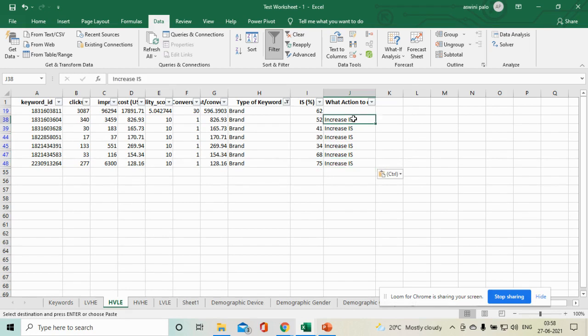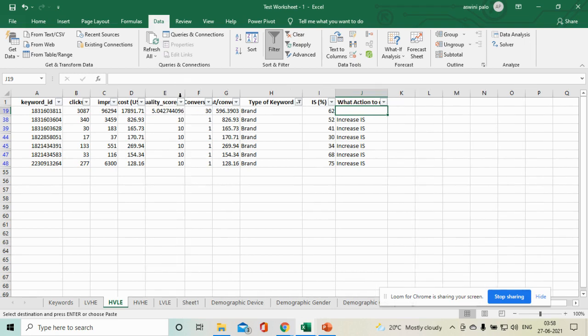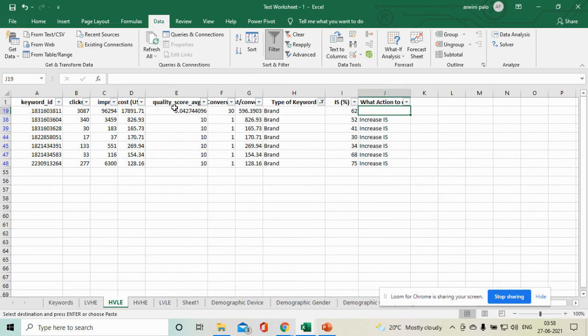So for these segments, you can increase your impression share. But for this one, we are going to see one more parameter, which is called quality score, which is already explained to you by Deepan. And you can also see here you are getting the maximum number of conversions from this.